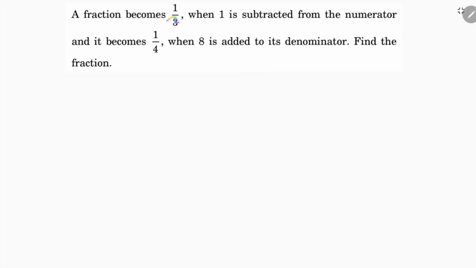A fraction becomes 1 by 3 when 1 is subtracted from the numerator, and it becomes 1 by 4 when 8 is added to its denominator. Find the fraction.